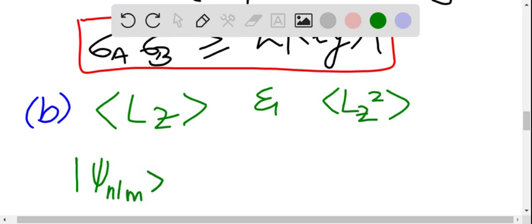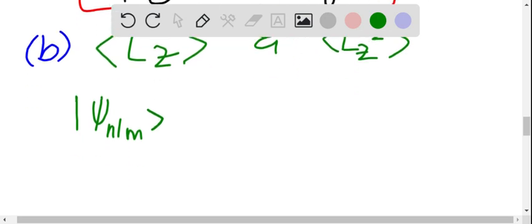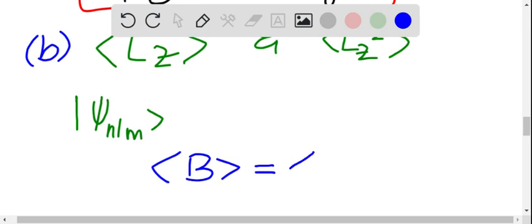So to evaluate the variation in B, sigma sub B would be found out by the expectation value of B, which is equal to the expectation value of L sub z.